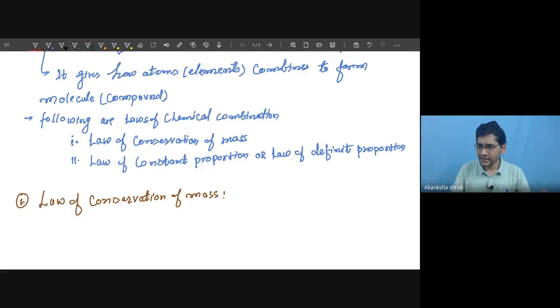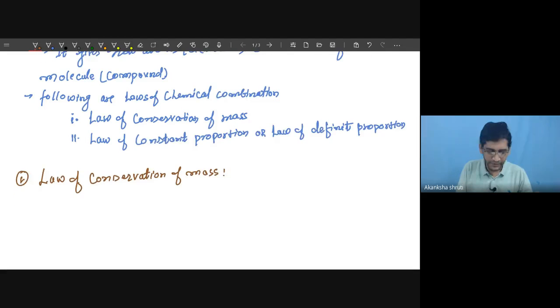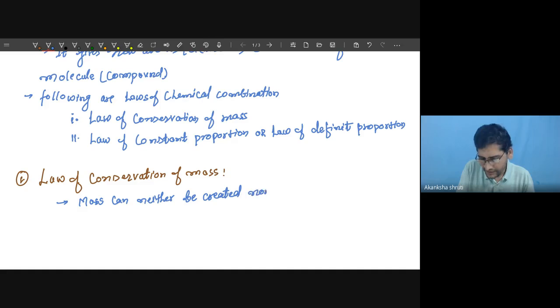During a reaction, mass doesn't change. So it is called mass can neither be created nor be destroyed.